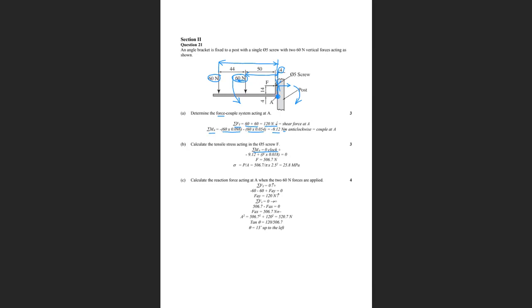And so you've got your moment created by the 260 Newton forces, and so it's minus 9.12 because it's going anti-clockwise, plus the force times the perpendicular distance of that force about the point of rotation, which is this distance here. So it's 18 millimeters right to the point of rotation, equals 0. So we get a force of 506.7 newtons.